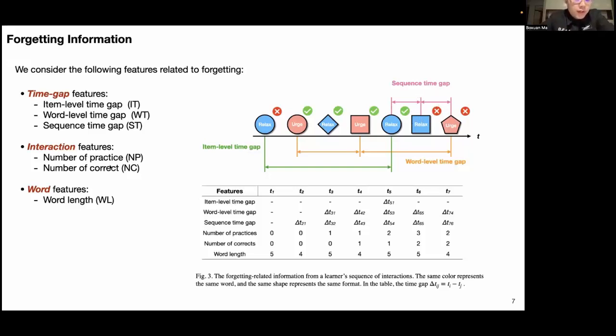For interaction features, we use number of practices and number of corrects, which means the number of times the learner practiced the word before and the number of times the learner correctly answered the word before. And also the character length of a word is used as a word feature, since a short word seems easier to remember than a long one.